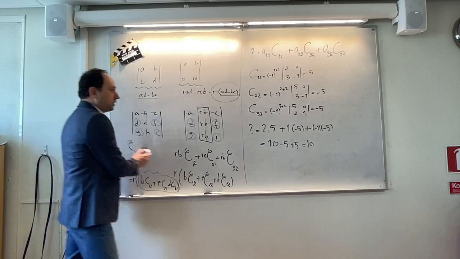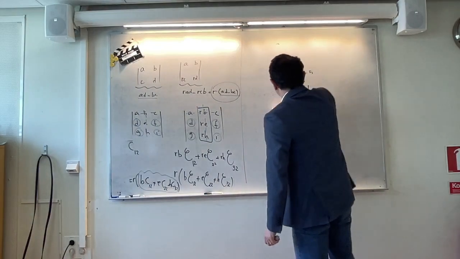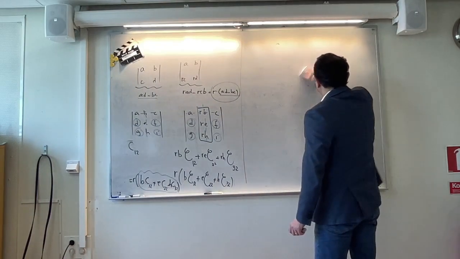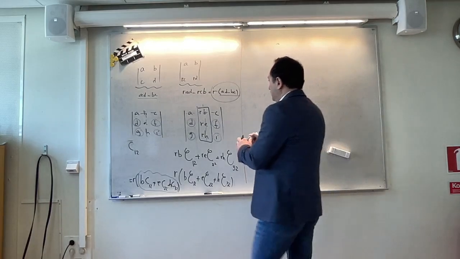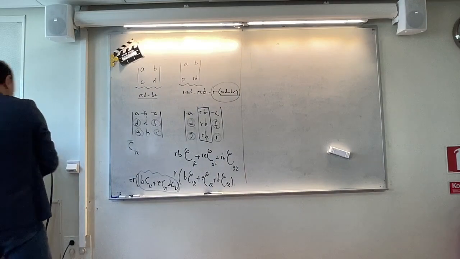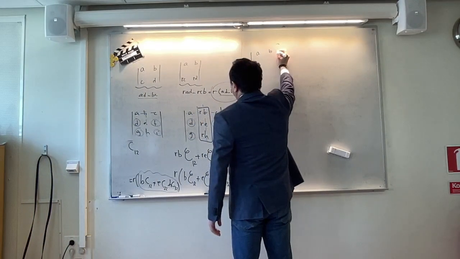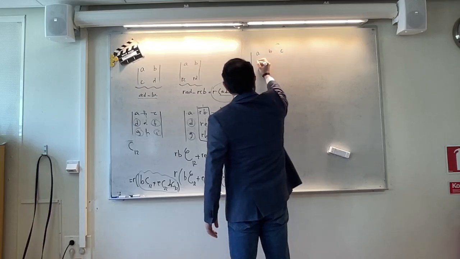Okay, so let me ask you one question. By the way, it's very instructive to write it in this way that I want to write. So if I give you this A, B, and let me, for example, put R here.